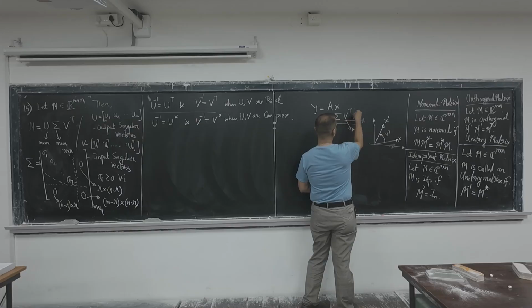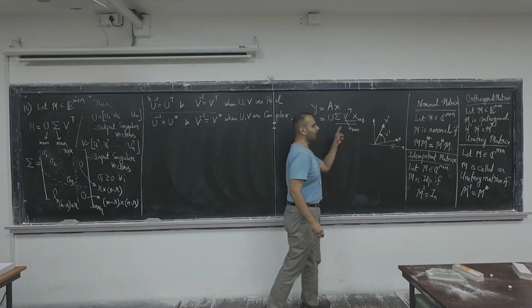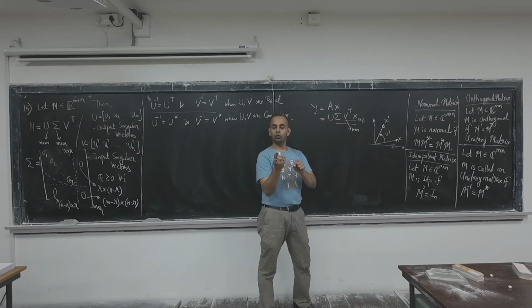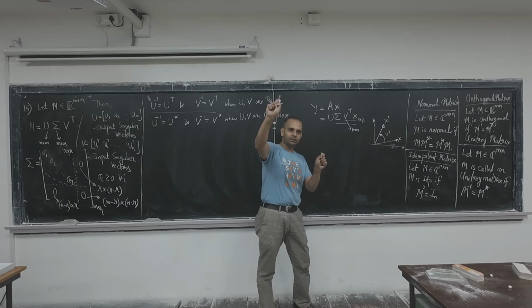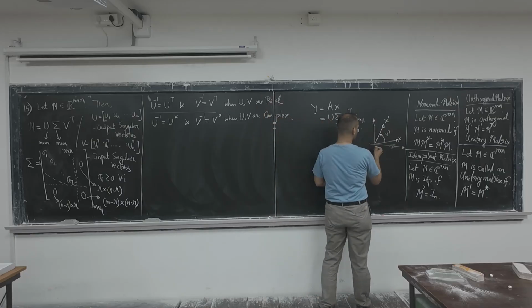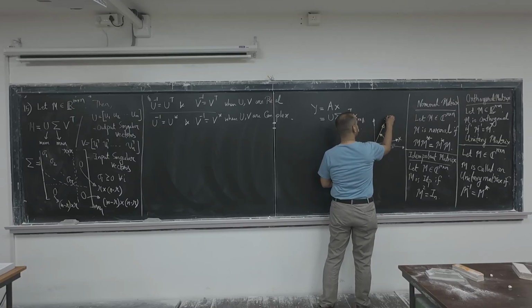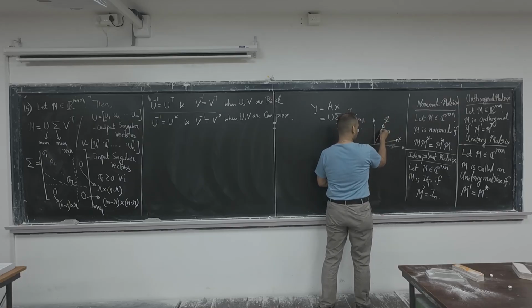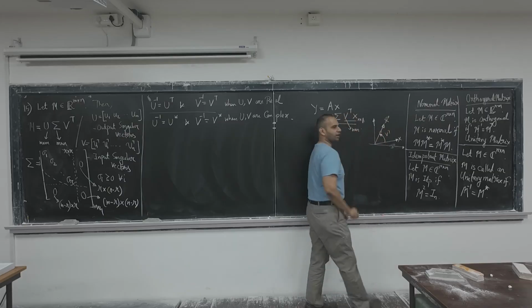So as a whole, V transpose X will be a vector n cross 1. So this matrix is going to work on that vector. That part will either stretch the vector, that means the magnitude will increase or decrease. Along the same direction, it can either extend or shrink. So either it will expand or it will shrink.